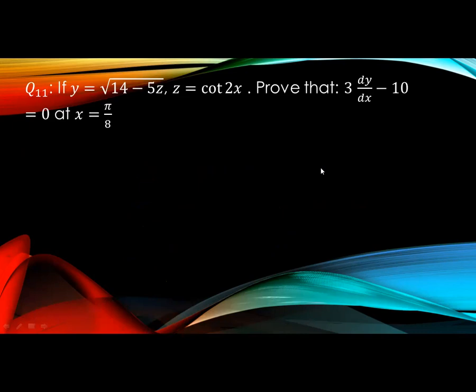Exercise number 11. If y equals root of (14 minus 5z) and z equals cotan 2x, prove that 3 dy by dx minus 10 equals 0 at x equals pi over 8. First, we can rewrite the value of y. It is equal to (14 minus 5 cotan 2x) all to the power half.